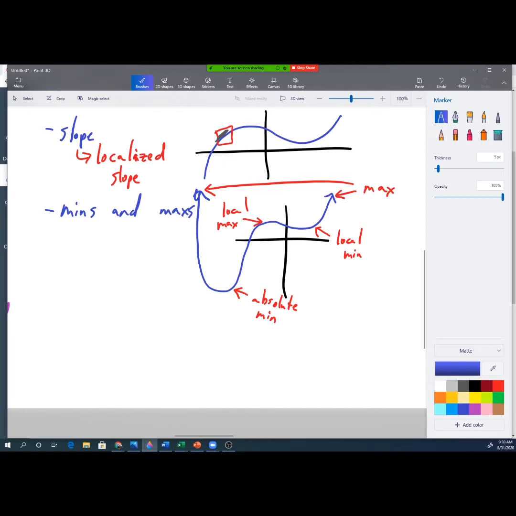Some other things that I have are concavity, which is not one you've spent much time with necessarily. But concavity, and I'm going to use this graph over here again, refers to whether it is concave up or concave down.